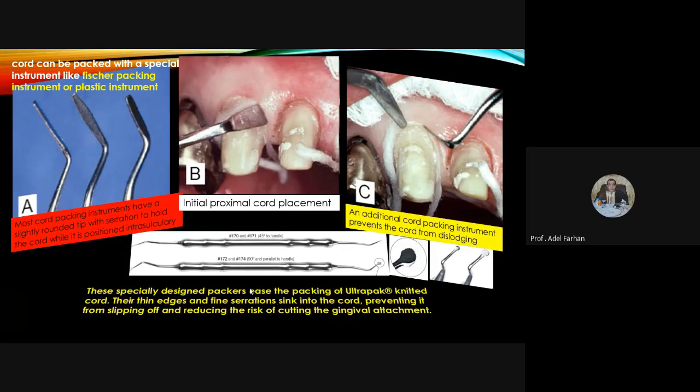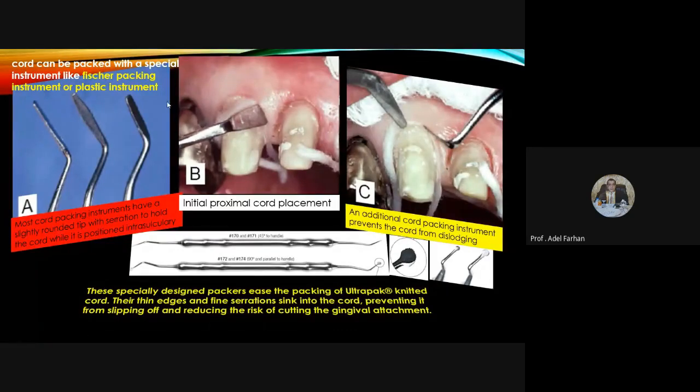The cord can be packed with a special instrument. As we know, we have special instruments. Most of the time we use a plastic instrument. إذا ما عندنا special Fisher packing instrument, you can use another plastic such as H6. Most of these instruments are round-ended, okay, and 3-sided round-ended. The round ends can pack the cord easily.